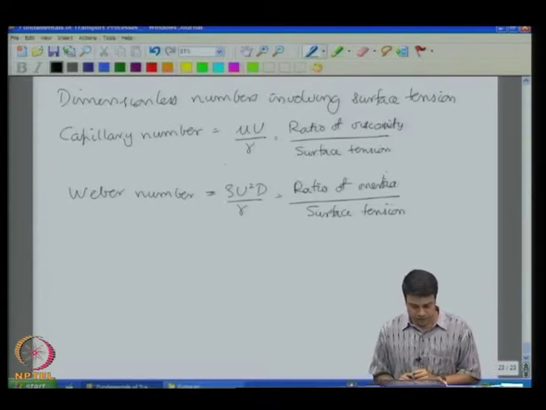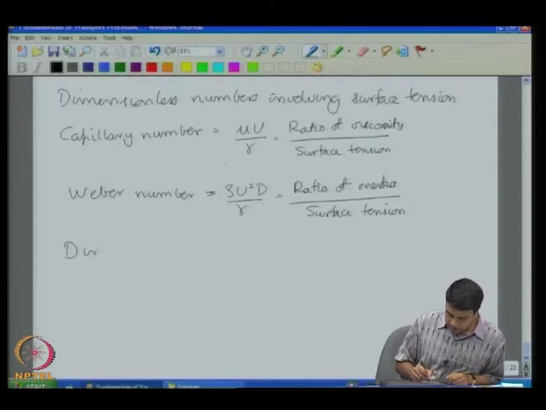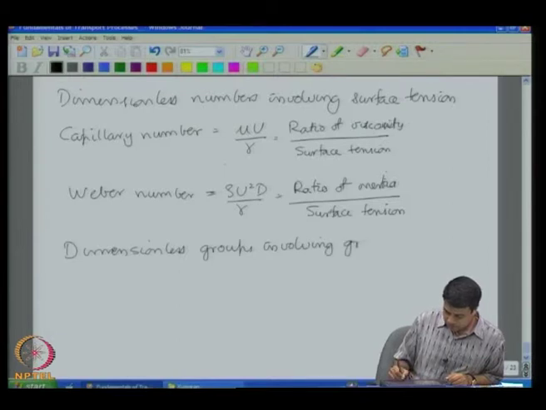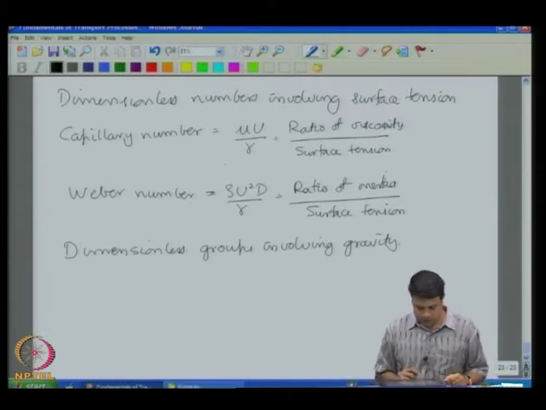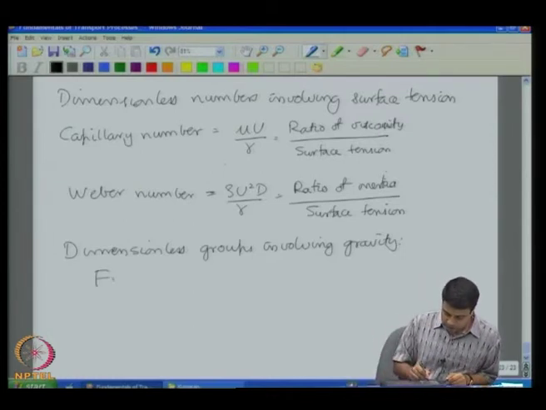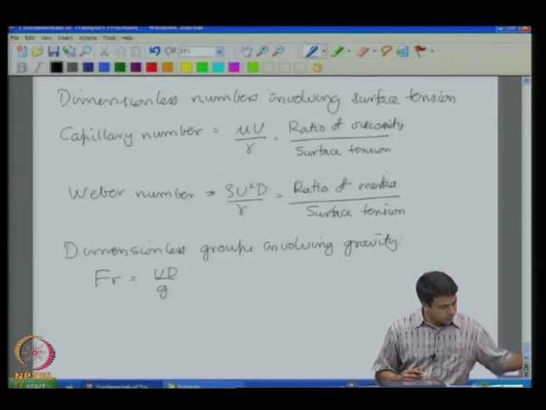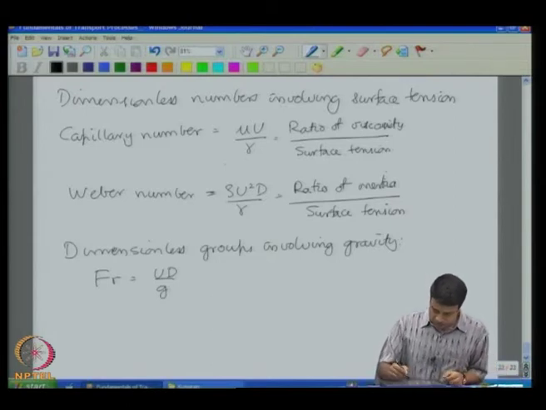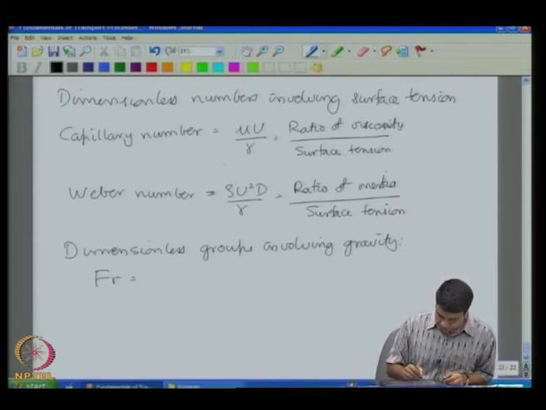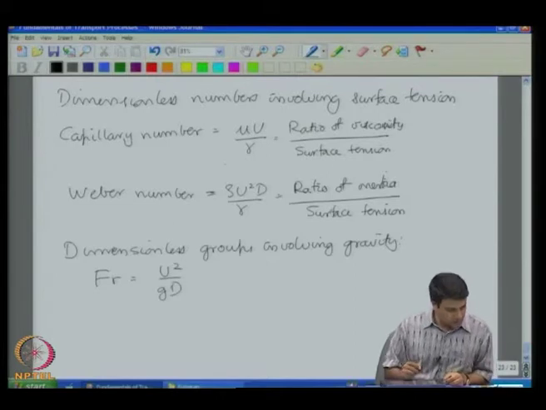You could have dimensionless groups involving gravity. So, for example, we have already seen one, which is the Froude number, which was u d by g, where d is the characteristic length. I am sorry, this should go as u square by g d, Froude number.